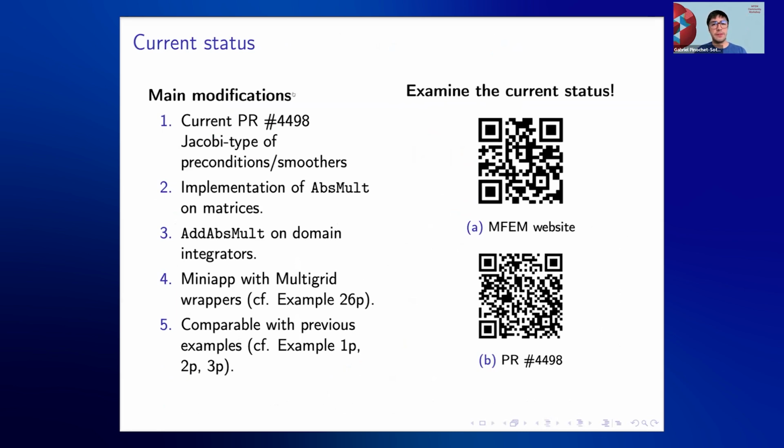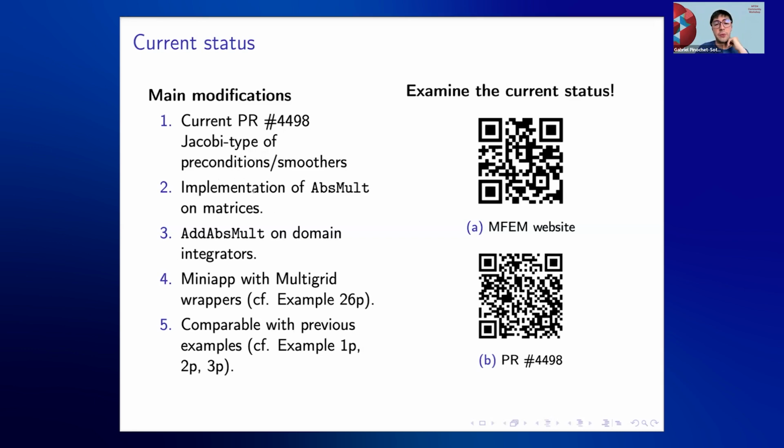So let me first summarize some things and then go into slightly more detail. This work is already in a PR. It's getting reviewed. It's almost available for being used. And it consists of a mini app.